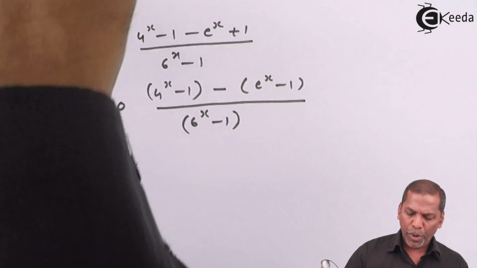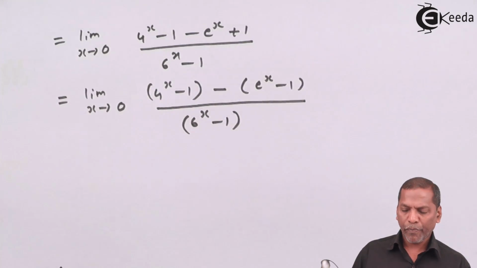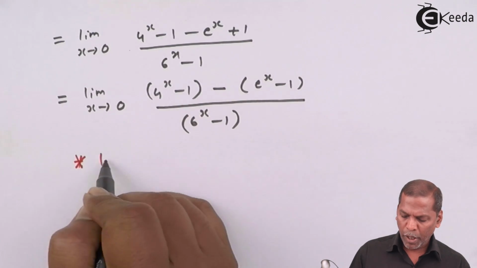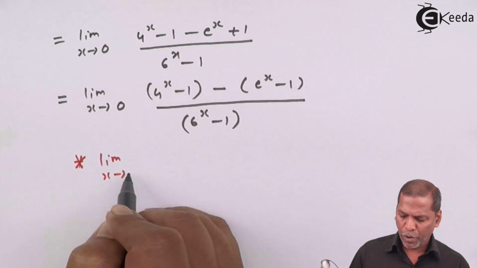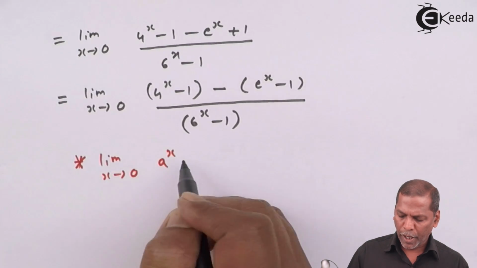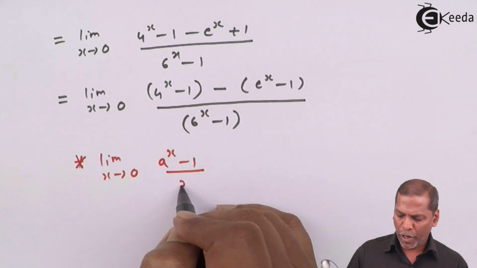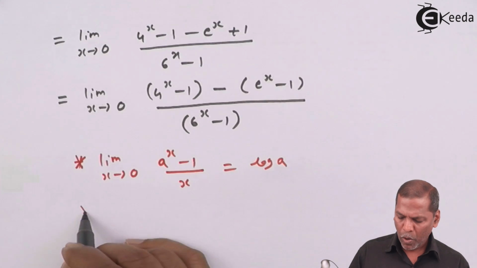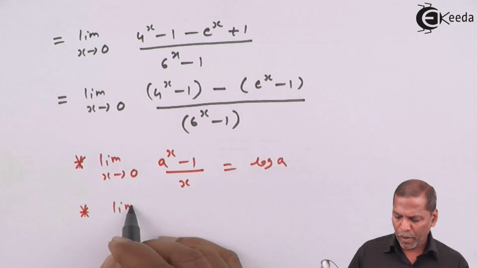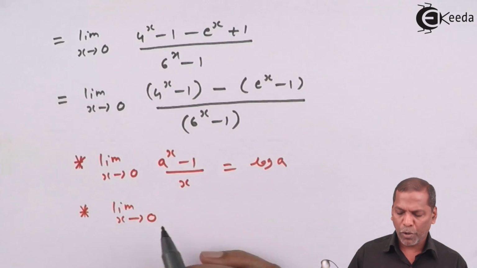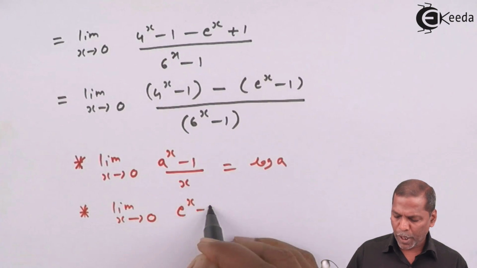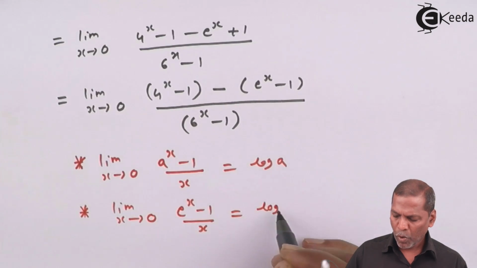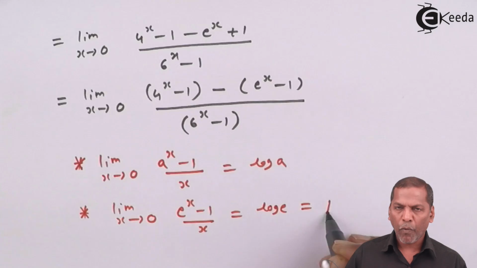Now here we use the rules of limits, that limit x tends to 0 of (a raised x minus 1) upon x gives log a, and secondly limit x tends to 0 of (e raised x minus 1) upon x gives log e, means 1.